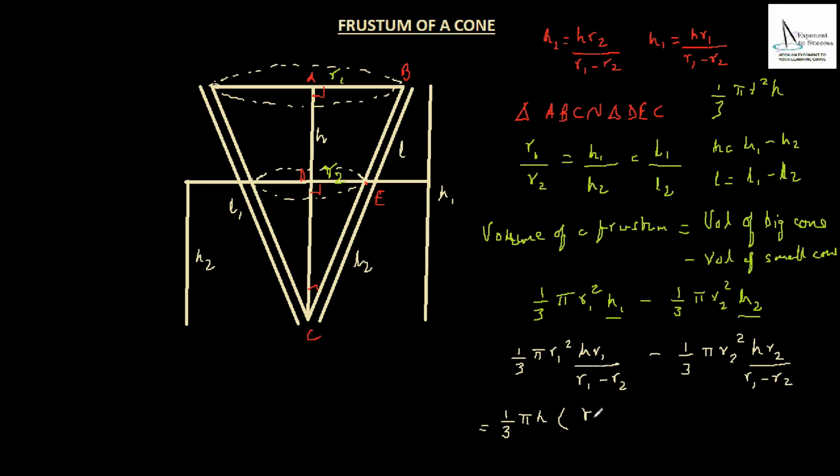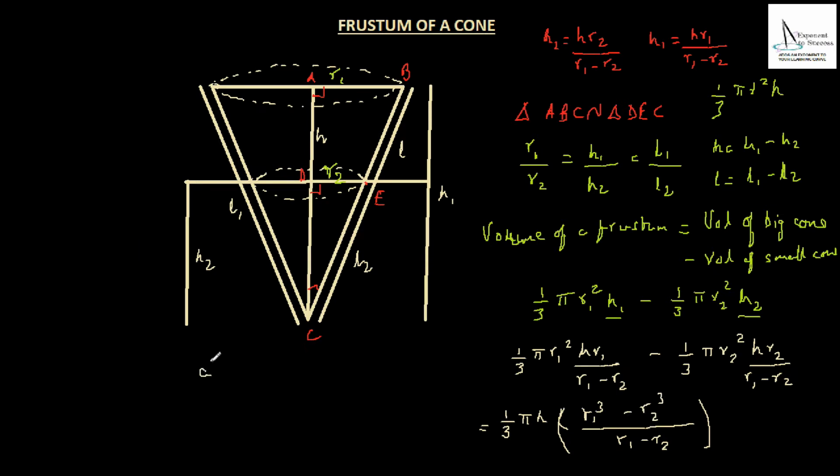That is r1 minus r2, and since we have r1 minus r2 as the denominator of the whole, let me combine it and take the denominator as r1 minus r2. And in the other term, 1 by 3 pi and h has been factorized out. What we are left with is just r2 square times r2, which is nothing but r2 cube. So we have this 1 by 3 pi h times r1 cube minus r2 cube upon r1 minus r2.